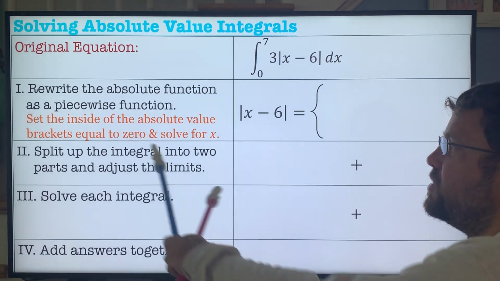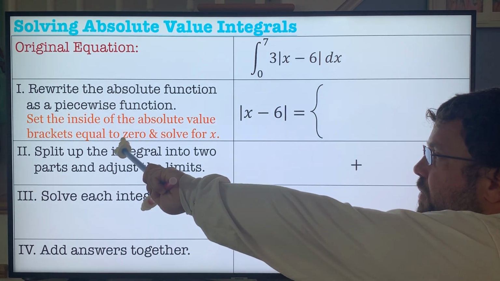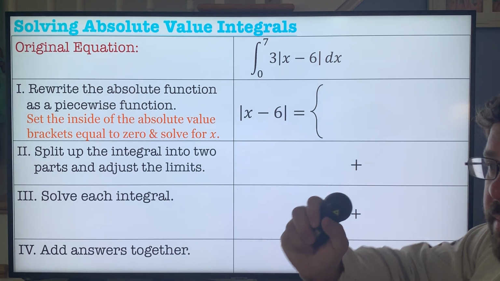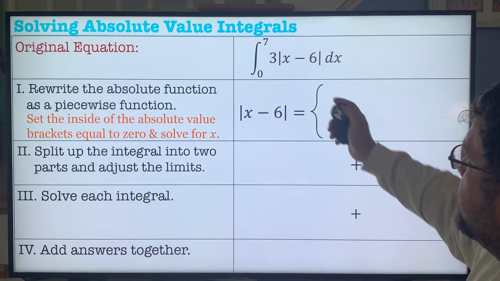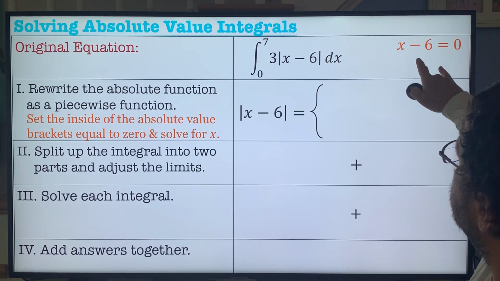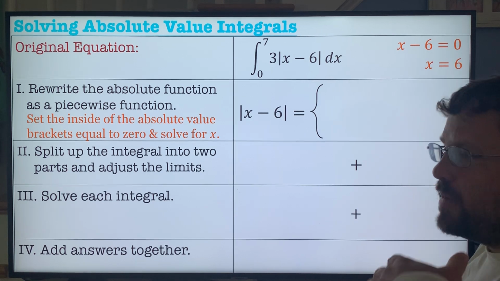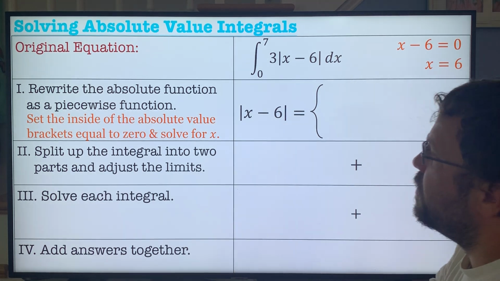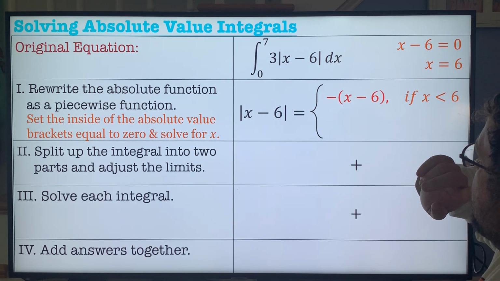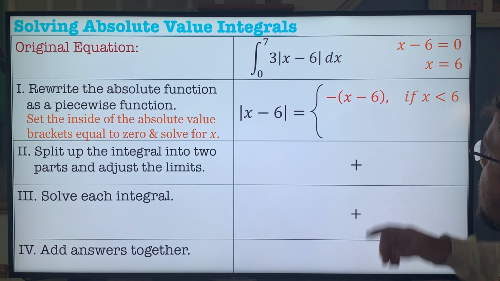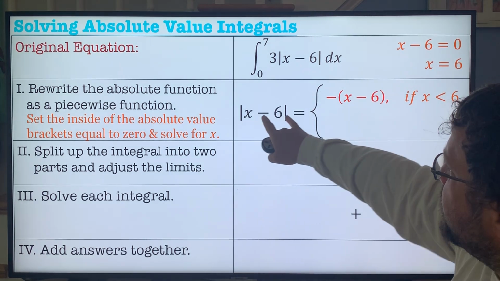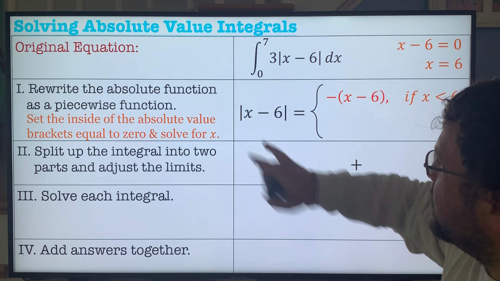So the way to find this is you set the inside of the absolute value brackets equal to 0 and solve for x. And that's going to be the number that you stop at. So watch how this works. x minus 6, the number inside. x equals what? 6. So that means I create two functions here. Now when you create these functions, if x is less than 6, you change whatever's inside to its negative, because you want to make it positive.